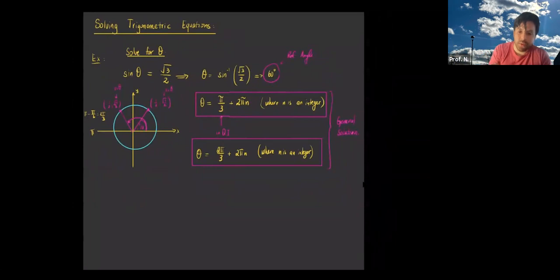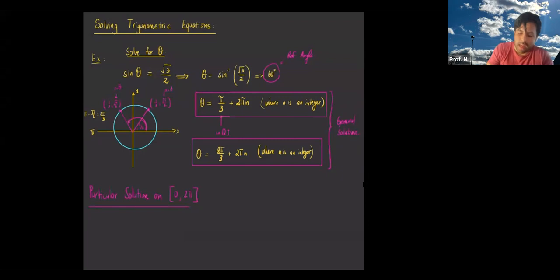And let's suppose I want to find particular solutions. So what if I want to find a particular solution on the interval 2 pi? When I specify particular solutions, I have to specify an interval.